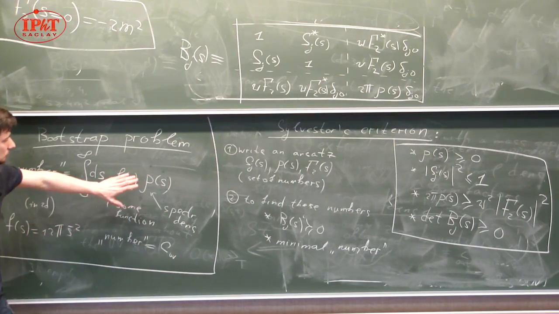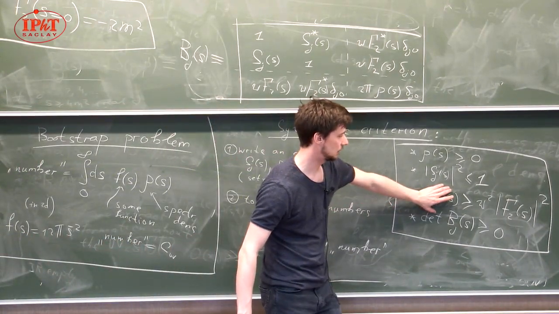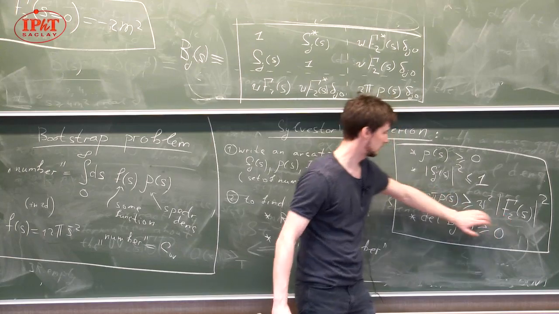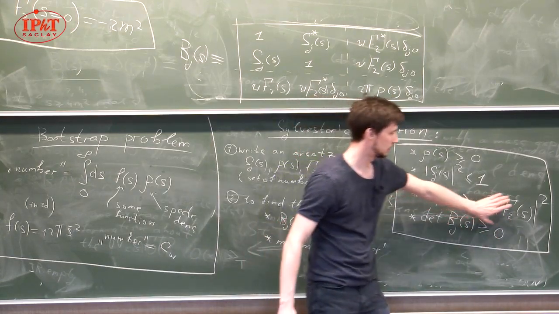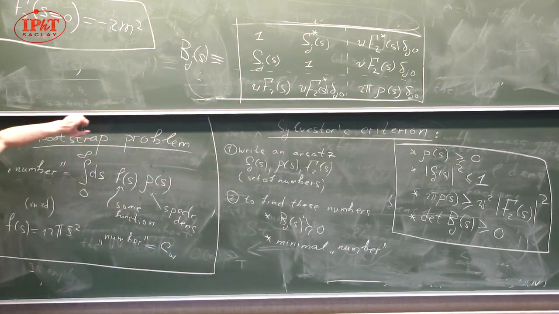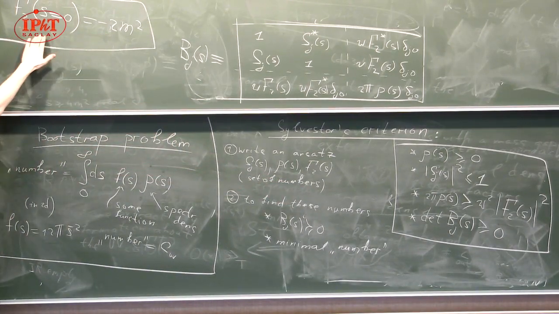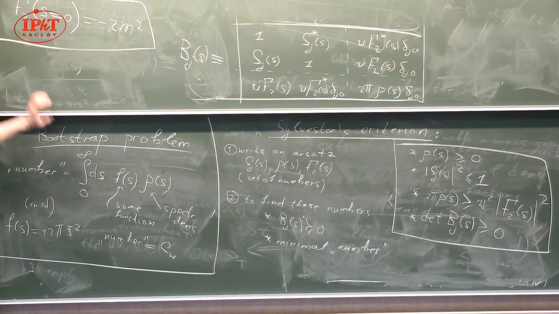However, there is this condition that the spectral density should be greater than f. So if the spectral density is 0, then f should be 0. But now if you look at f for the trace of the stress tensor, it satisfies this condition. So it cannot really be 0. And it's because of this normalization condition that we can get a non-trivial bound for such an object.